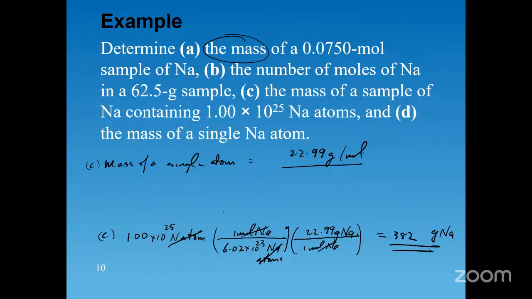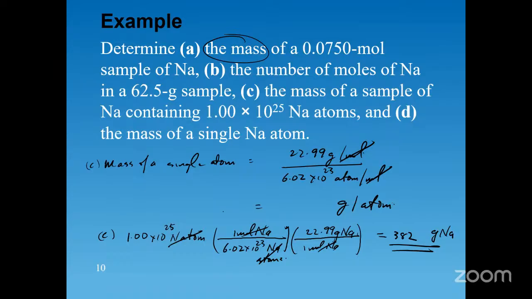And divide by Avogadro's number of atoms, which would be 6.02 times 10 to the 23 atoms per mole. All right? So the mole units will cancel out here and here. So you're going to end up with grams per atom, right? Which is what the question is asking for, right? So all we have to do is divide the 22.99 by 6.02 times 10 to the 23.